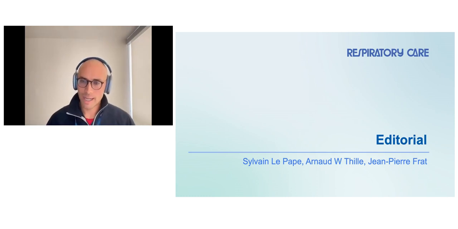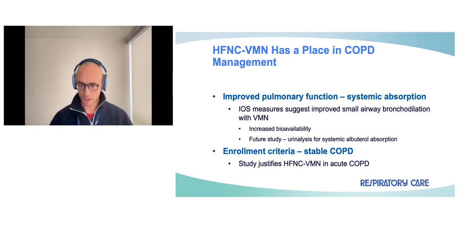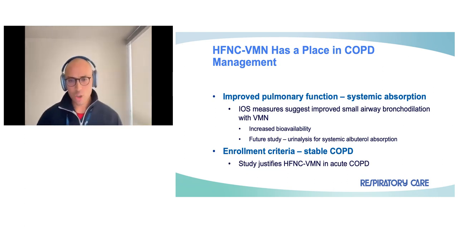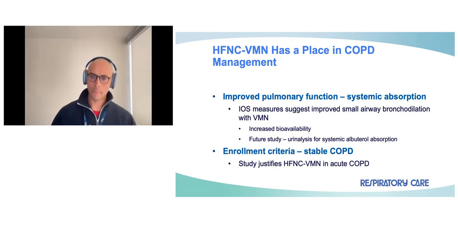All right. Now, there was an editorial written for the study by these authors here. A couple of the interesting points they made is that when you're looking at improved pulmonary function with bronchodilators, it may be useful to also look at systemic absorption, systemic delivery.